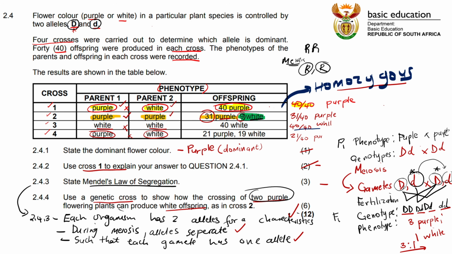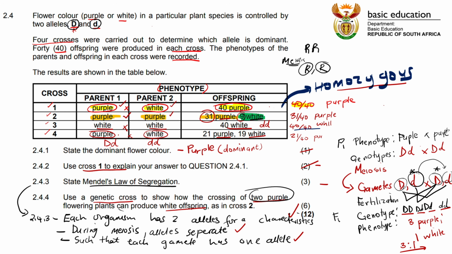And then cross number 3, when you have got white and white, these are the same characteristics, and you get 100% white. All of the offspring are white. It means that it's a homozygous condition. And in this case, we've already confirmed that white is recessive. So this is homozygous recessive, small letter d, small letter d. Okay. And then the last combination, you have got purple and white, and you get a mixture. So the purple has to be in a heterozygous condition, and then for the white to express as white, it needs to be recessive, both alleles.